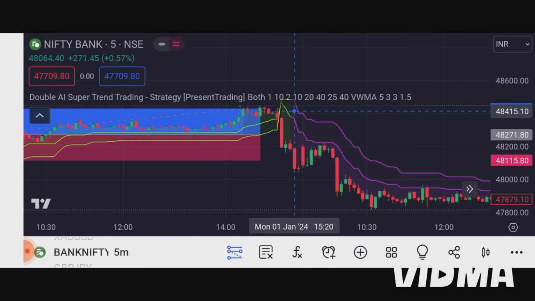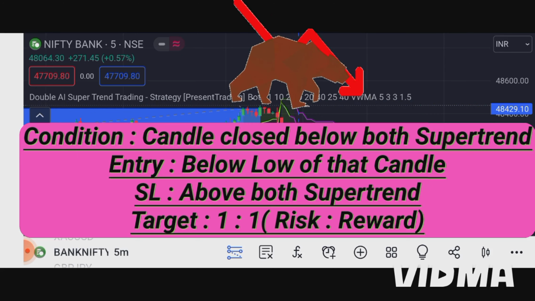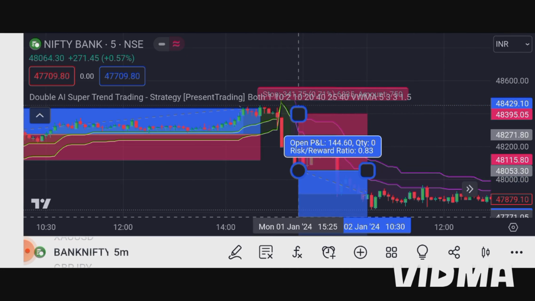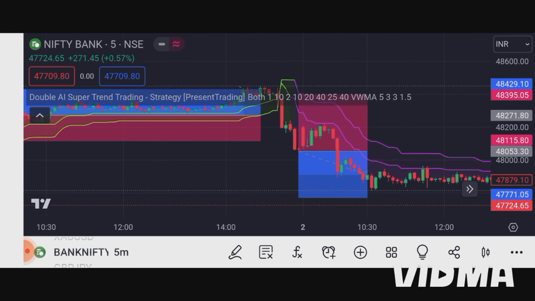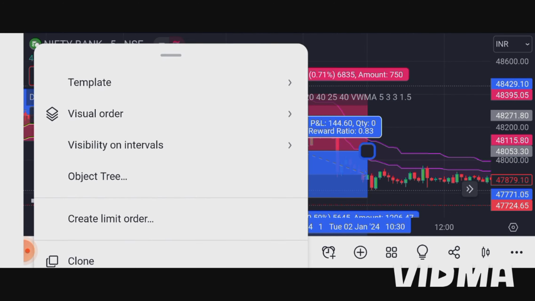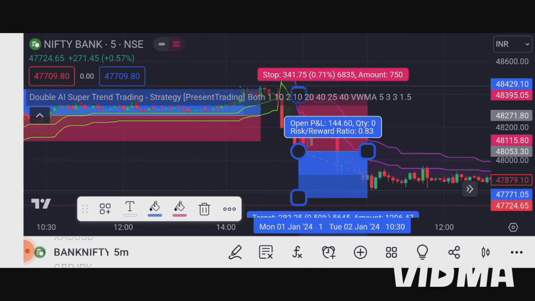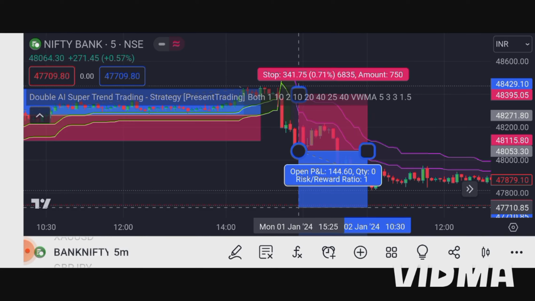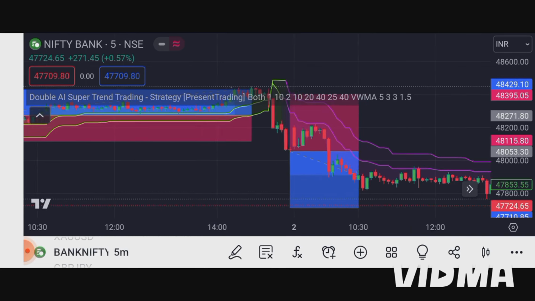Both lines are purple in this candle, so we sell below this candle. Your stop loss is above the Super Trend. Target is 1 to 1, minimum, or you can trail it as per your need.